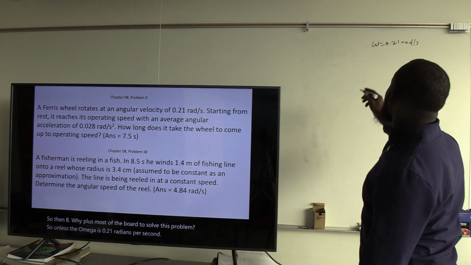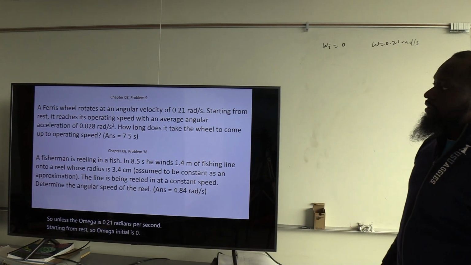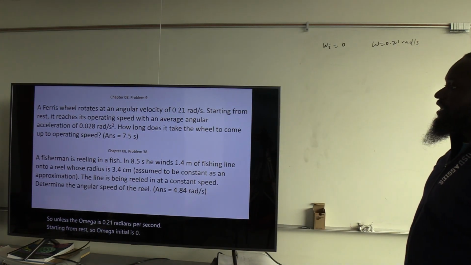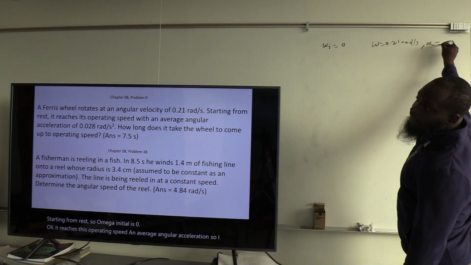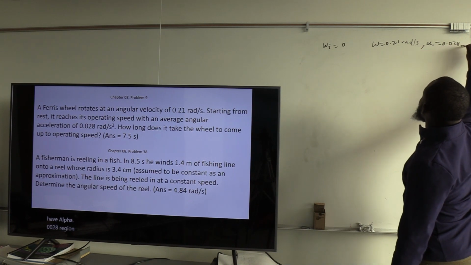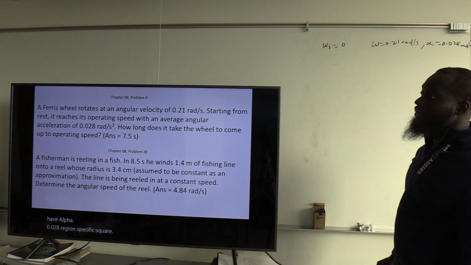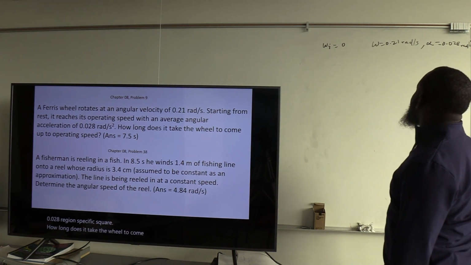Starting from rest, so omega initial is 0. Okay, it reaches this operating speed at an average angular acceleration. So I have alpha as 0.028 radians per second squared. How long does it take the wheel to come to this operating speed? So they're looking for time.